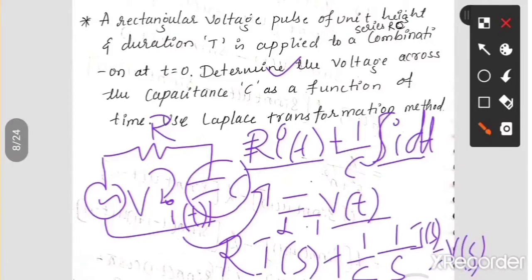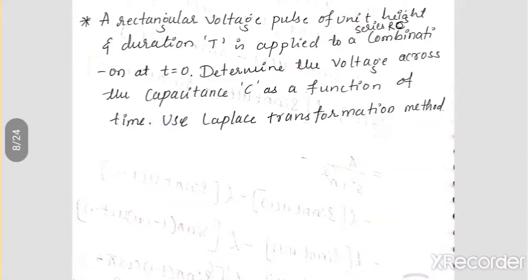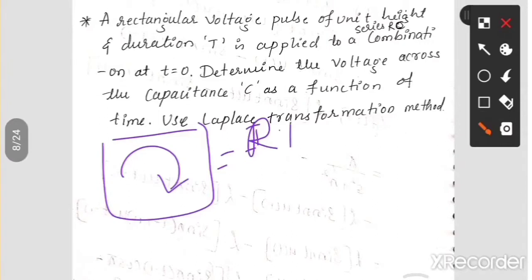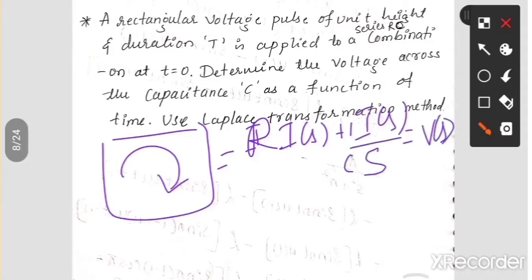Now, if you write systematically, the Laplace transformation of the series RC circuit will be R into I of s plus I of s divided by s into 1 over C, which is equal to V of s. Therefore, you can take I of s outside from these two.